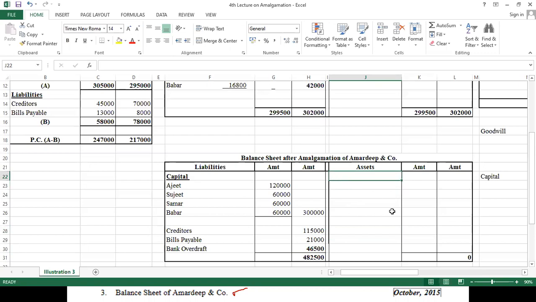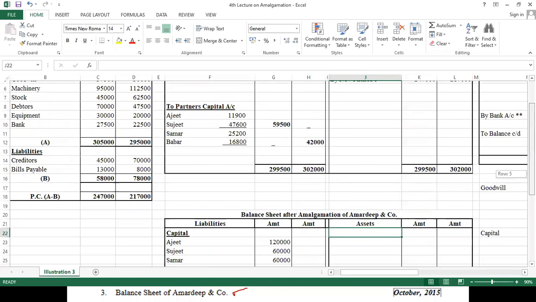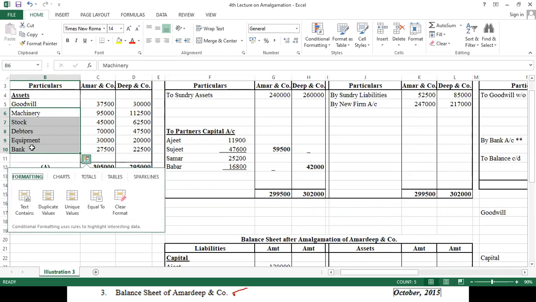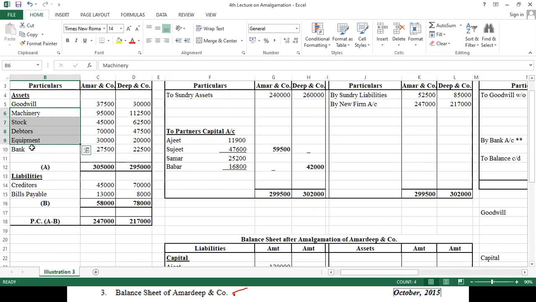Now here we don't have a goodwill. Goodwill हमने निकाल दिया है. So straight away goodwill will not there. We have a machinery, equipment and bank. बैंक भी नहीं रहेगा क्योंकि बैंक अभी ओवरड्राफ्ट में आ गया. ठीक है. So we have up to equipment. So here it comes and let me paste on the asset side.